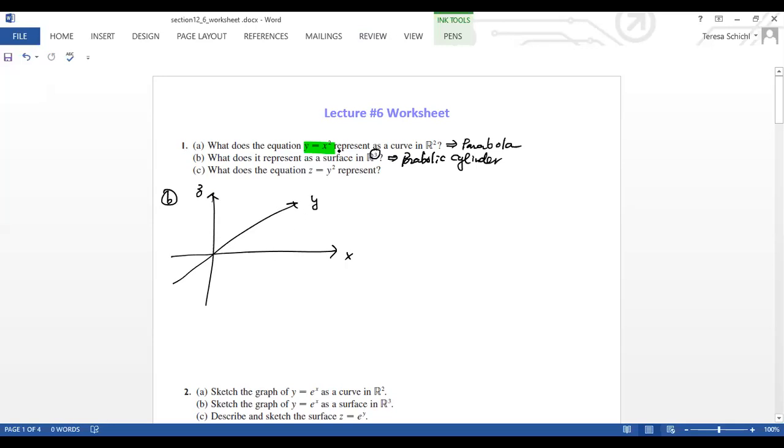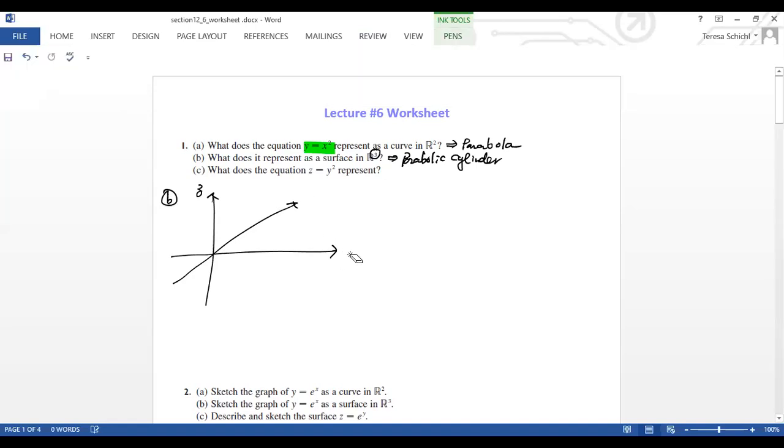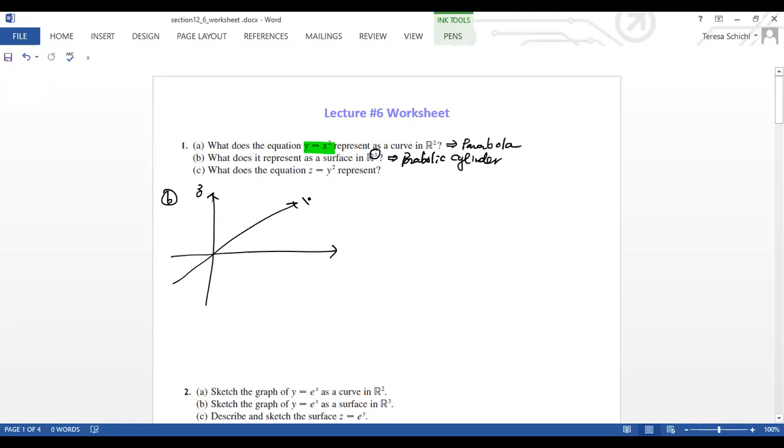Let's say here. This is my x-axis. This is my y-axis here.